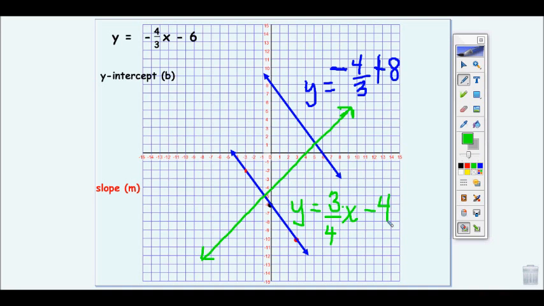So that's how I can write the equation of a line if I have an original line. I can tell about the slope of a parallel or a perpendicular line just by that original line. I would need a graph to see where the y-intercept is at this point.